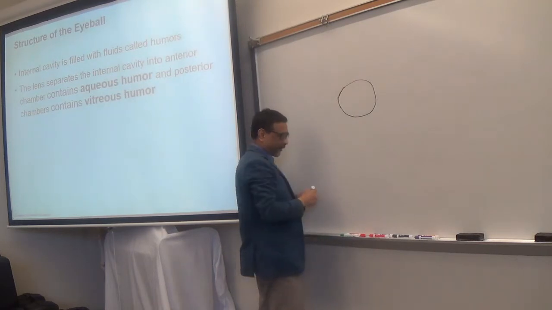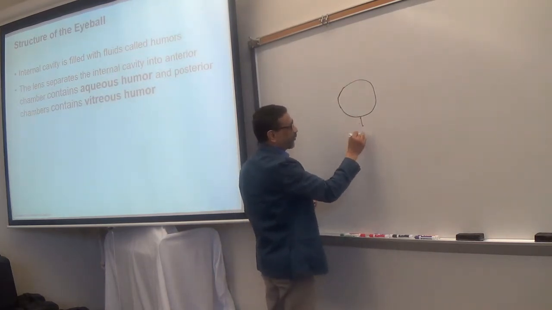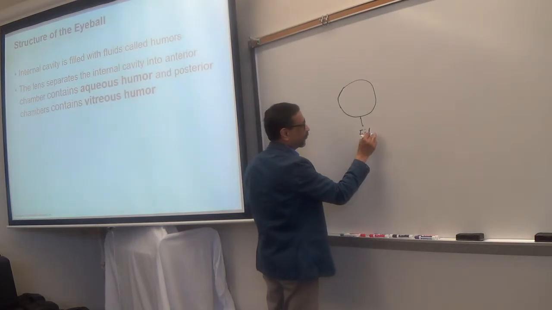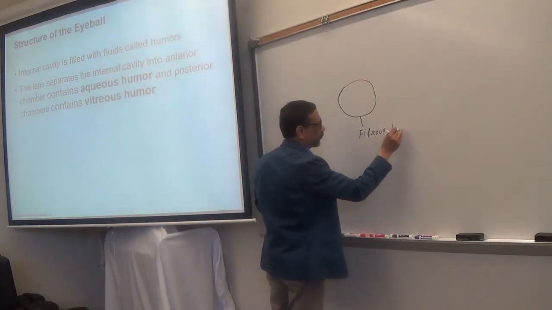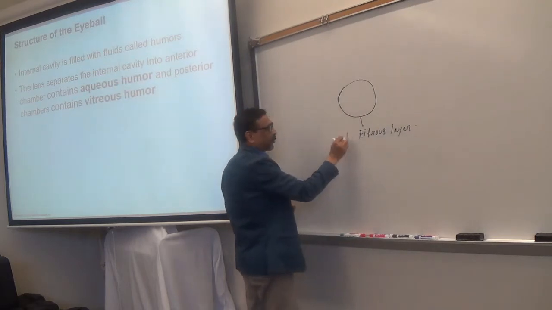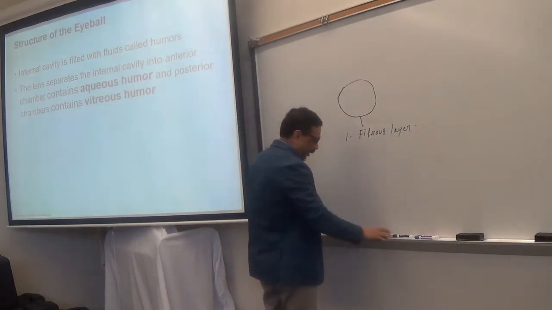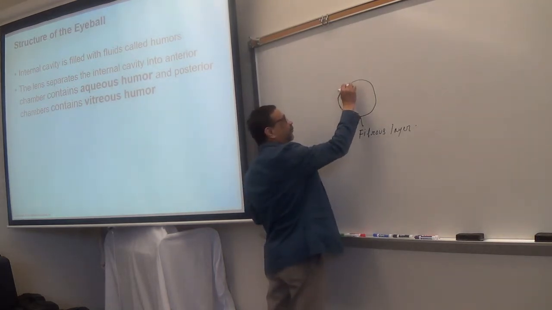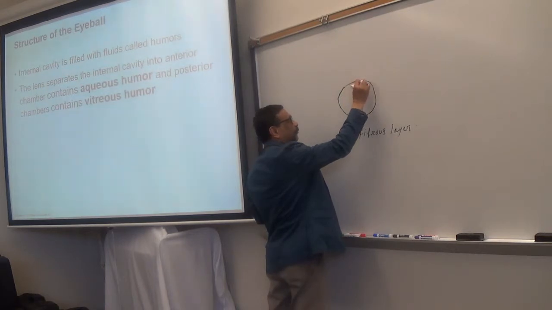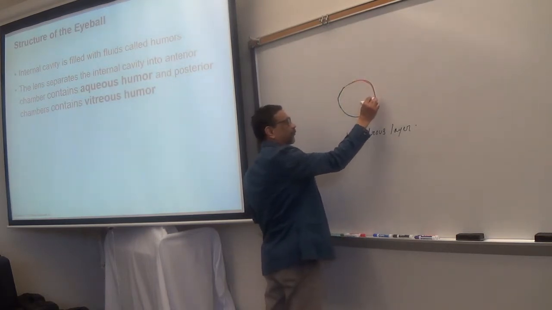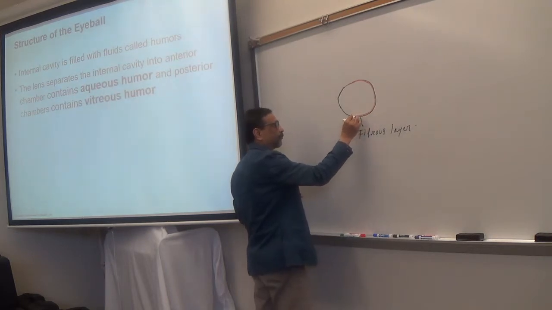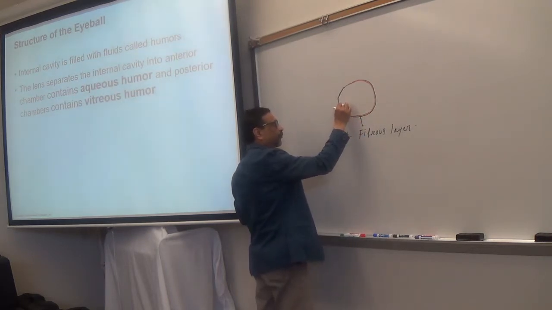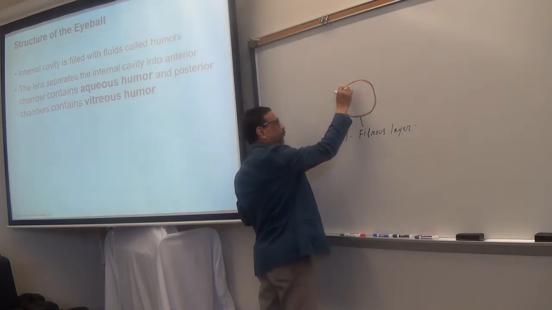Outermost layer, so outermost layer is the fibrous, number 1. Then you have another layer, that's the middle layer. Middle layer goes like this.